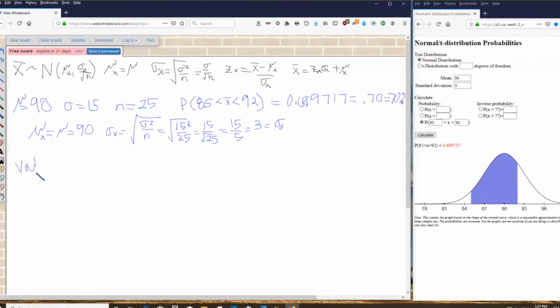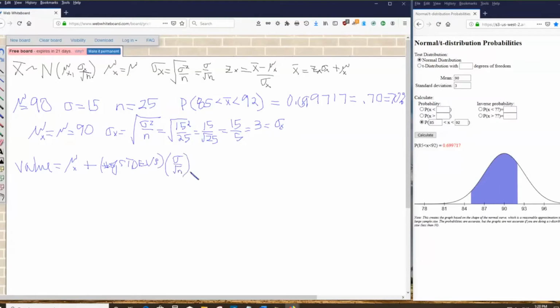In your book, it's going to be written like this: the value equals the mean plus the number of standard deviations times your sigma, which is just the original sigma, over square root of n.